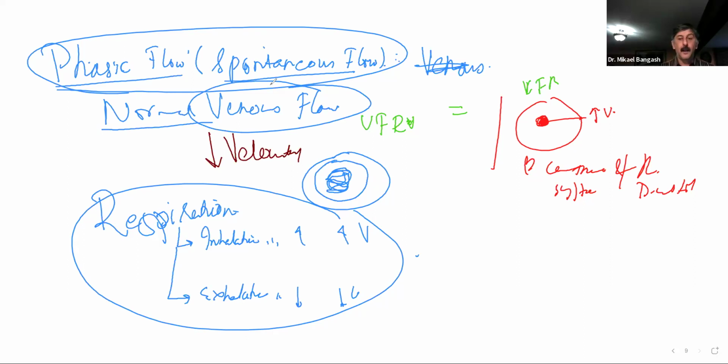And contrary to your pulsatile flow, which was controlled by the beating heart, this one is regulated by respiration, which is breathing in, breathing out. Did you guys get that?